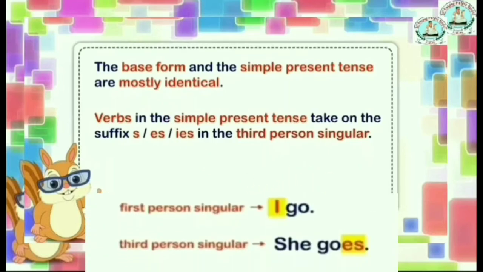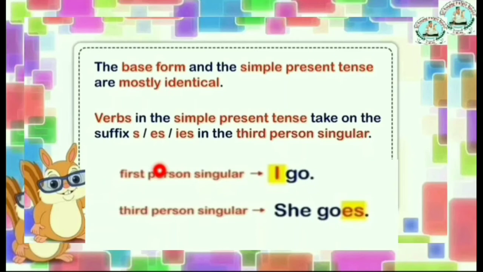For example, look here. First person singular, I go. Here the number is singular, first person. But when it is third person singular, we have to add the suffix s, es or ies. Next example, third person singular, she goes. Here go is the base form.